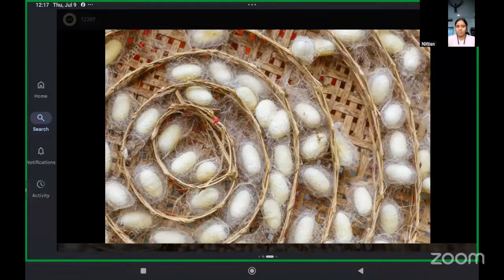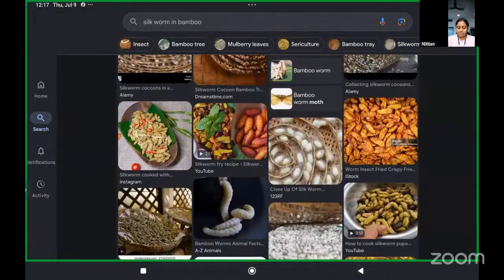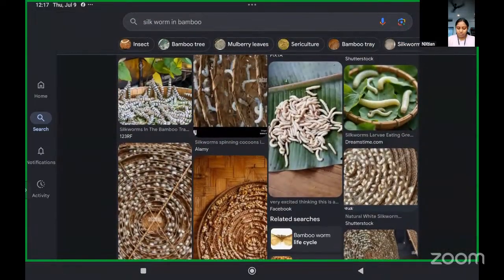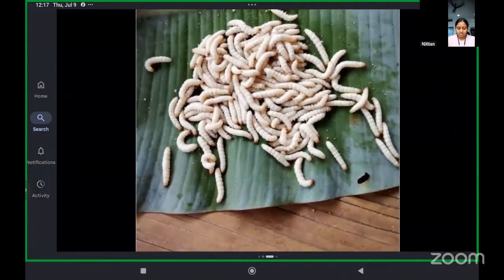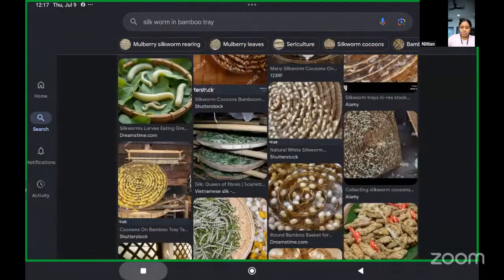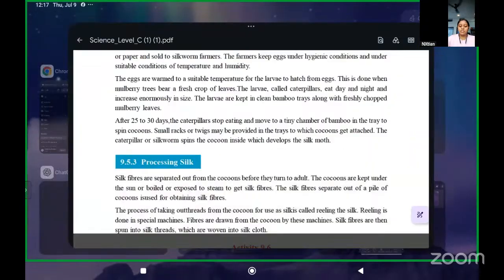This is a bamboo basket in which the caterpillars form their cocoon. After feeding for 25 to 30 days, they start forming cocoons and it looks like this. This is from sericulture. These are caterpillars. So this is how it looks.